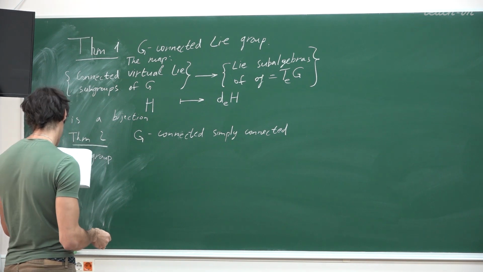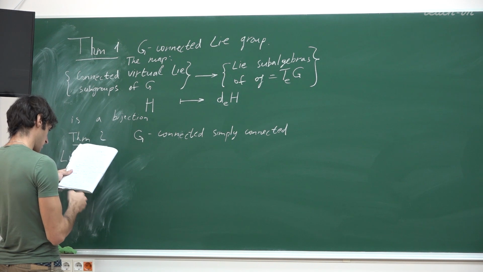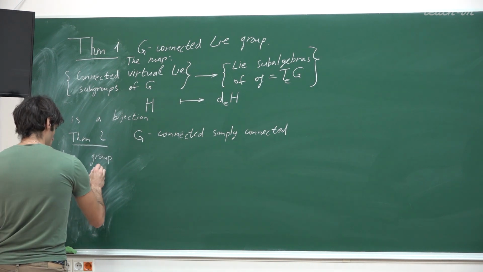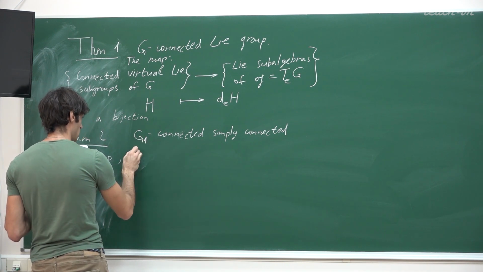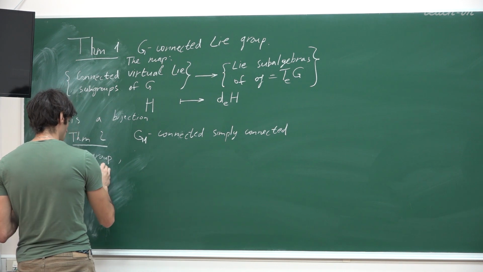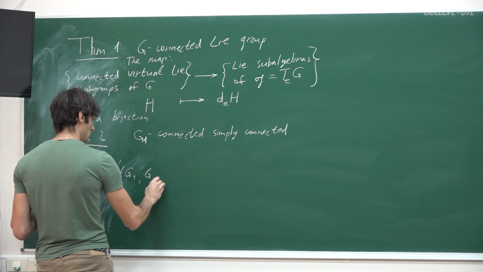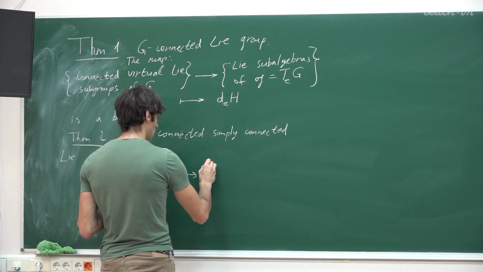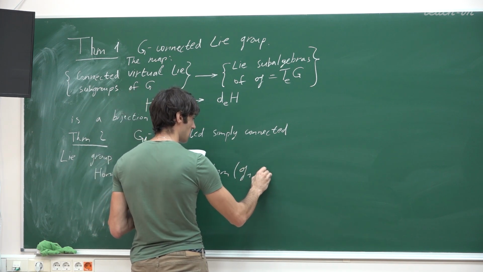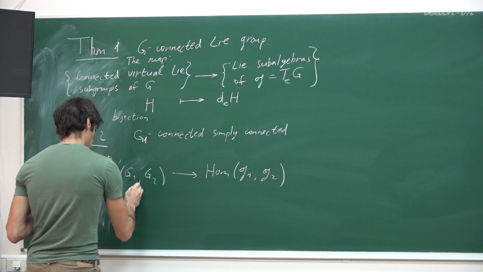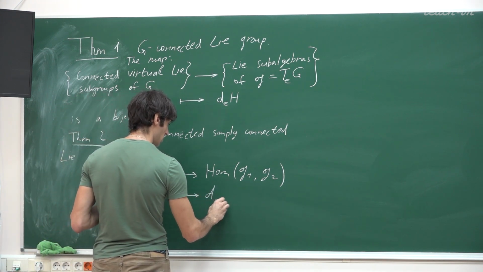And the map that we claim is a bijection: I would like this to be G1, I have G2 some other Lie group, and I have all homomorphisms from G1 to G2, and map to all homomorphisms between corresponding Lie algebras, and the correspondence is just take a homomorphism and compute its differential at identity.